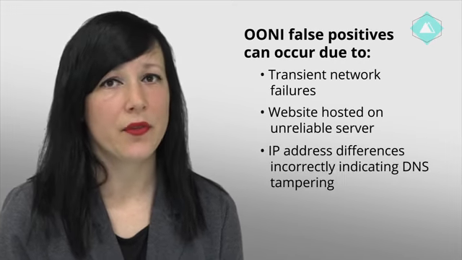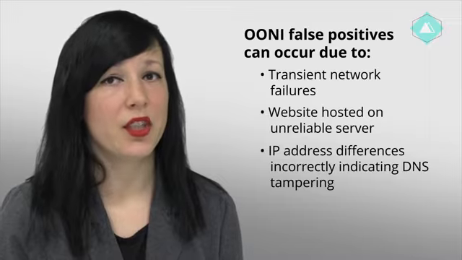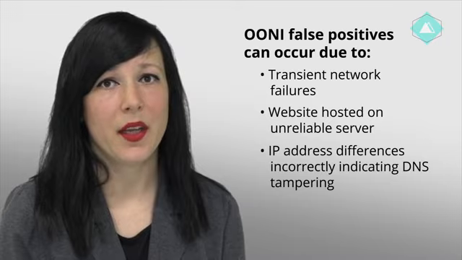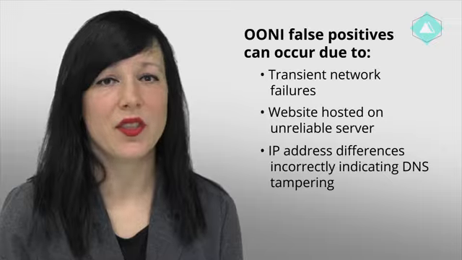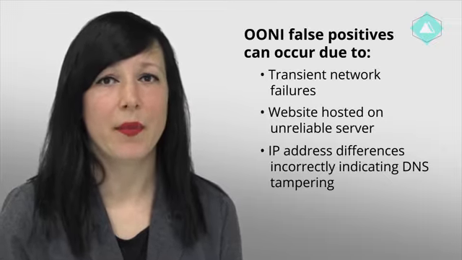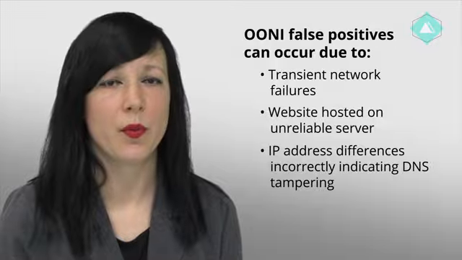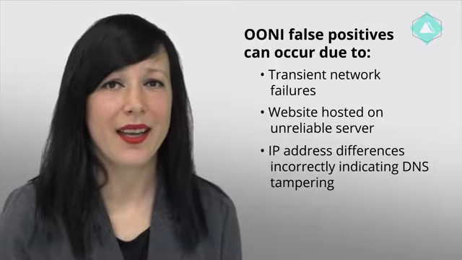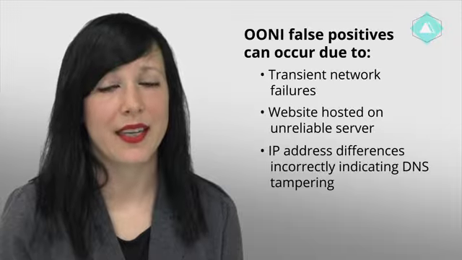If the DNS resolver of an OONI probe user, such as Google or their local ISP, provides an IP address that is closest to the user geographically, that IP address may differ from the IP address resolved from a control vantage point, potentially incorrectly indicating the presence of DNS tampering.